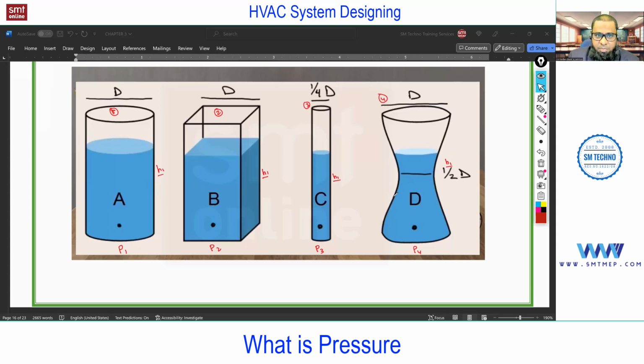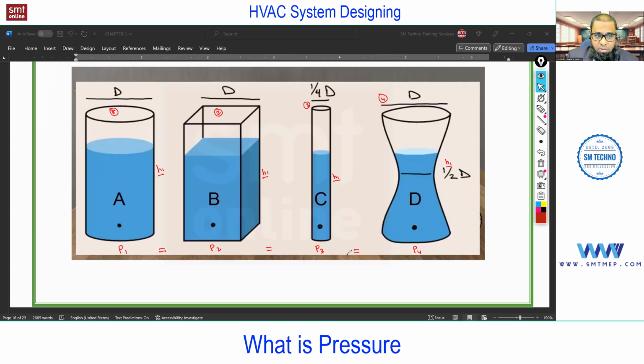What about other participants? It depends upon the area and mass of the liquid. Okay, Ajay, it depends upon the area. What Mr. Anish said is correct. Since the height of the liquid column is the same, P1 equals P2 equals P3 equals P4. So the pressure is going to be the same in all the containers.